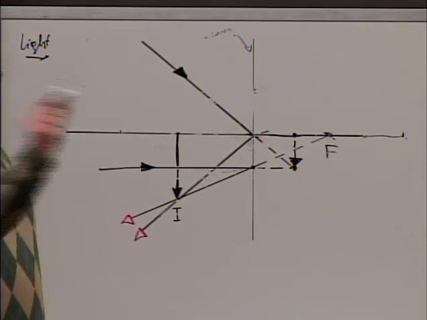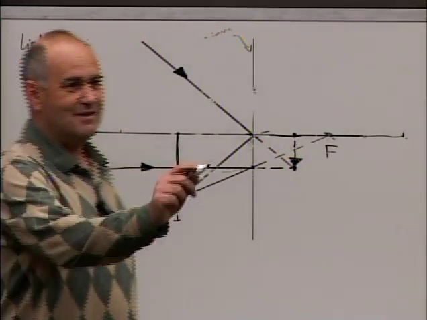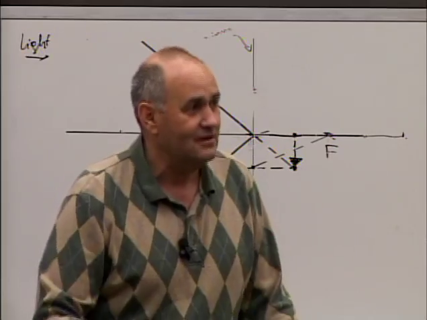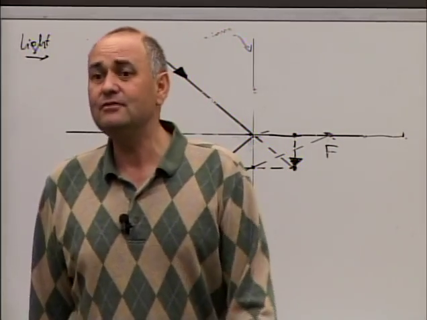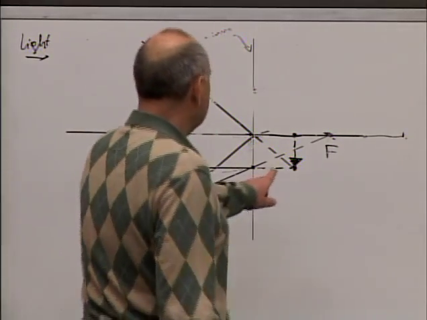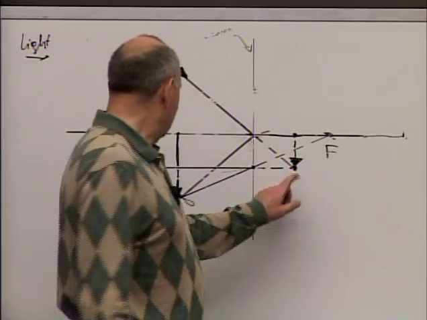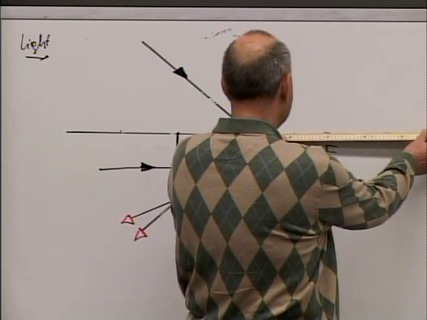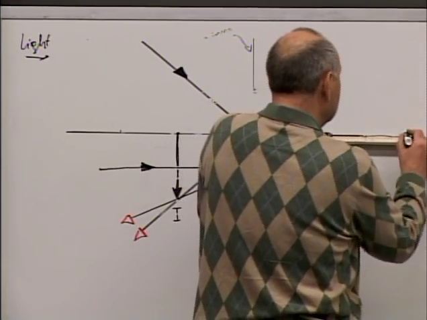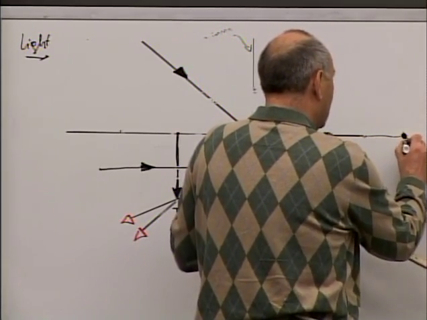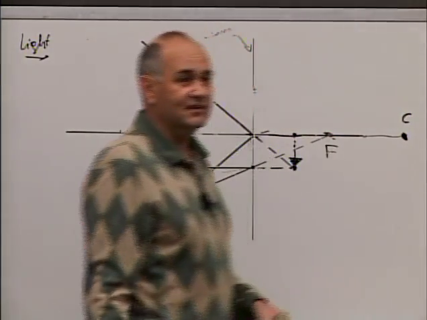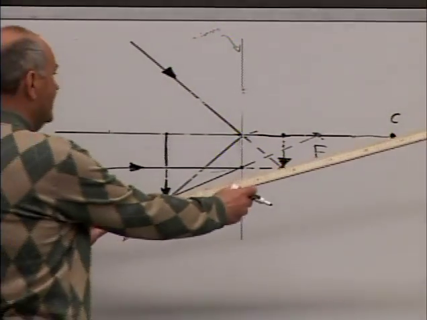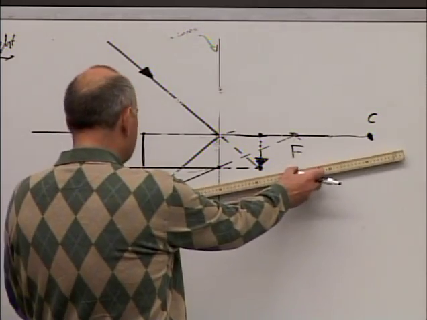Now, since Robert actually brought up the problem of the normal, I want to use the normal ray to verify that this point is right. If the focal length is minus 20, it means that the location of the center of curvature is here. Now, let's take a look at the normal ray.